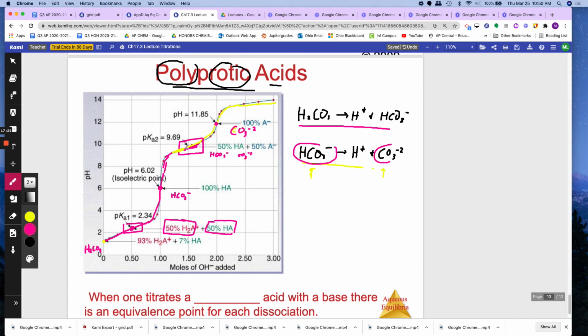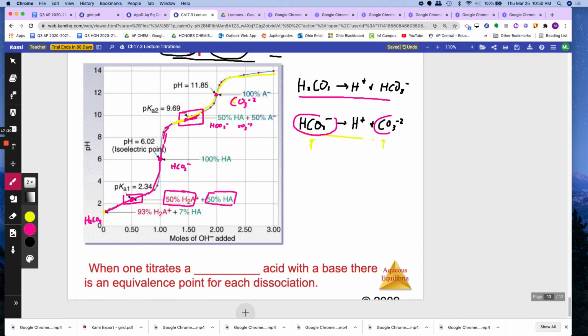That's again another buffer region. When one titrates a polyprotic acid with a base, there is an equivalence point for each dissociation. So you have an equivalence point here and there.